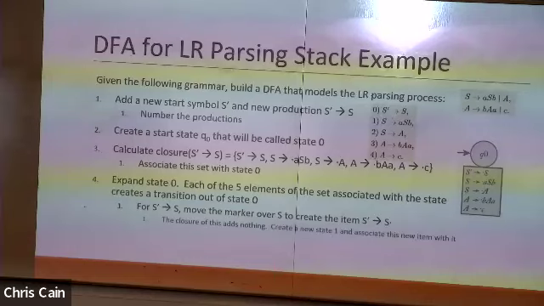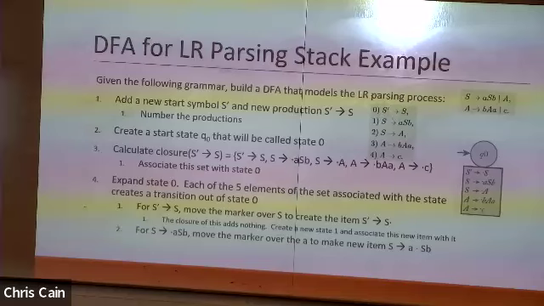So we basically want to move the marker for each one of these over 1, and that represents the transition out of that state. To move this past S, it creates the closure of S dot, which adds nothing new. So there will be a new state, state 1, that is a transition out of this.